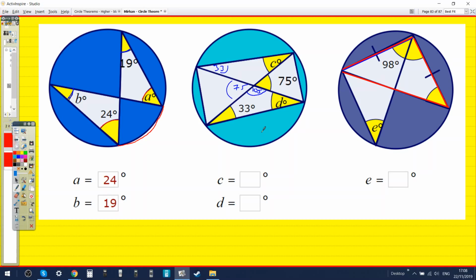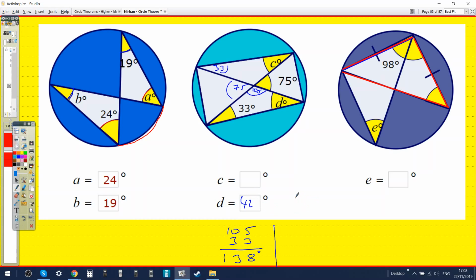Then 105 plus 33 equals 138. And so angle D is 40. Just 40? I'll check again. 138 plus 40... Sorry, 42. Yeah, so that's D.